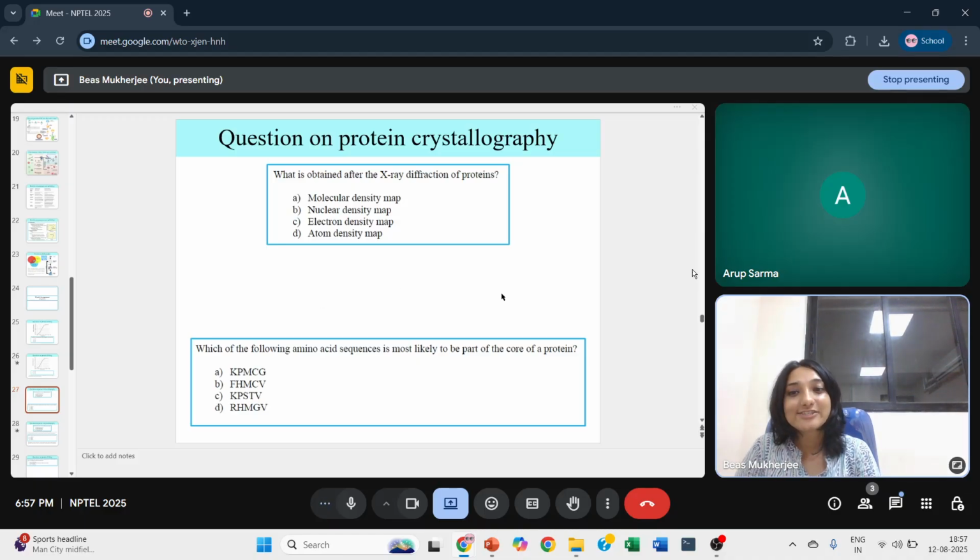Okay, no problem. Which of the following amino acid sequences is most likely to be part of the core of the protein? There are these amino acid residues, and which of these do you think would be most commonly present in the core of the protein? For the core of the protein, you will have to look at the residues that are more hydrophobic, right? So for that, you have to remember the single letter codes of these amino acids.